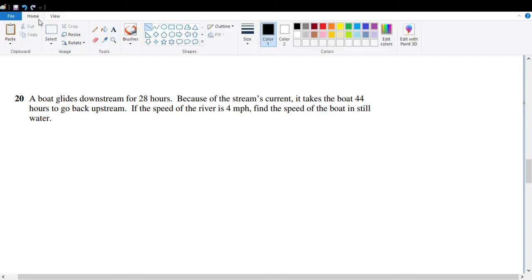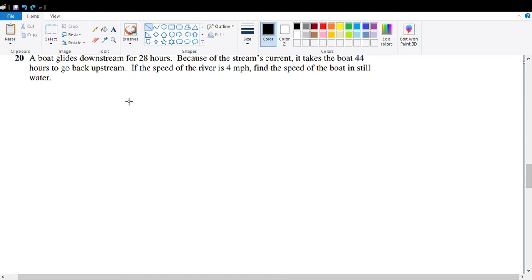I checked, and it's basically the same thing on your test, too. So now let's draw again. When you're dealing with mixtures, solutions, or distance rate time problems, we want a chart.